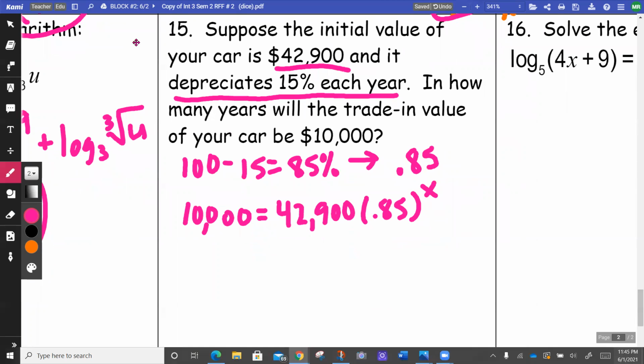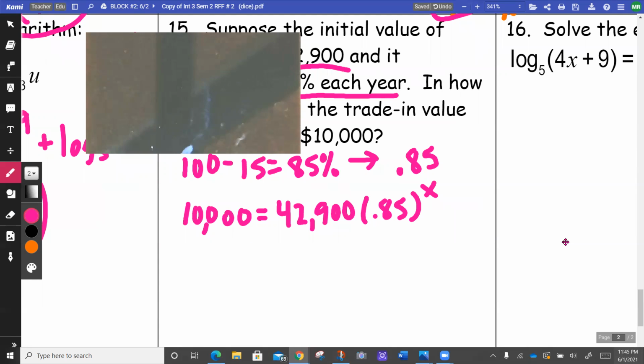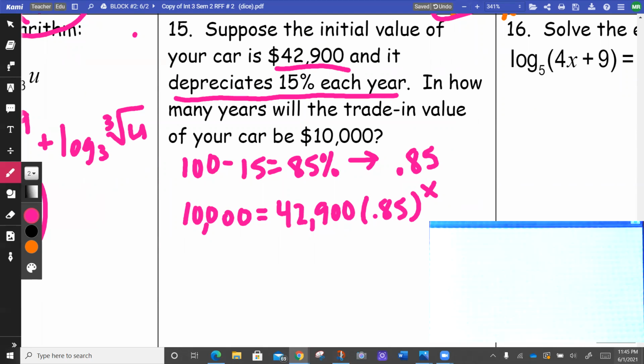I'm going to solve this using logarithms. So I'm going to divide both sides by 42,900. Let me just get that in my calculator. So 10,000 divided by 42,900 is, and I'm going to see if I can keep it as a fraction.